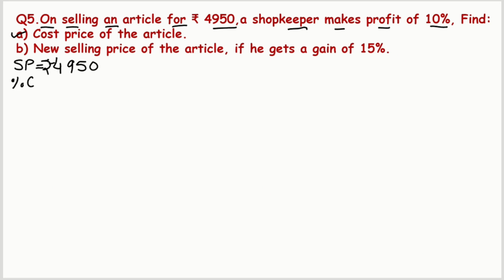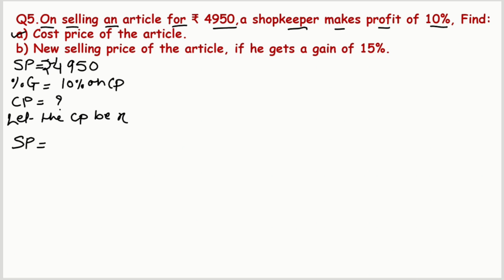Percent gain is given, which is 10% on CP, and CP we have to calculate. So let the CP be X. Now substitute the value in the formula, and the formula we have is SP is equal to CP plus, because we have percent gain, so we will write plus percent gain on CP.